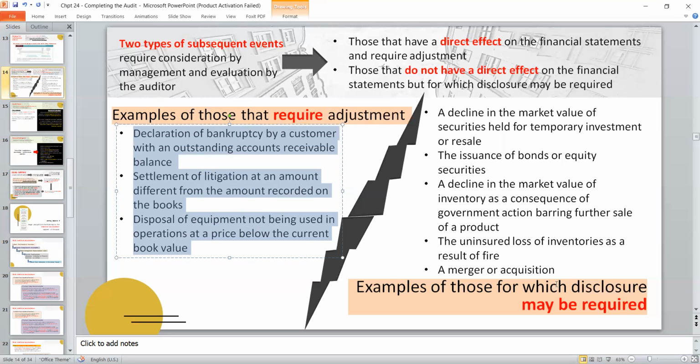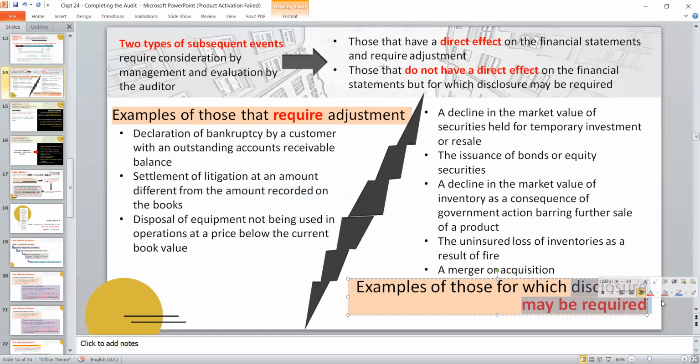Okay, and what about those that do not have a direct effect? For those, you need to disclose the information in the notes, like a decline in the market value of securities, harga saham, for the investment.